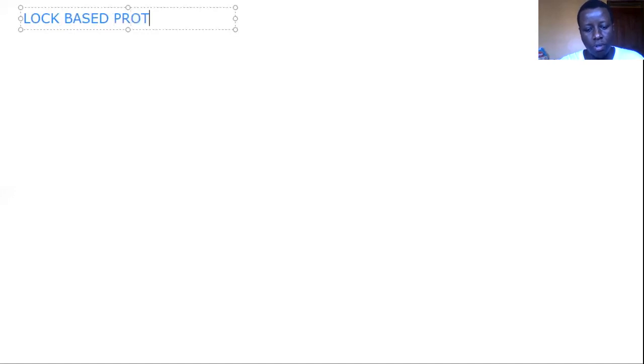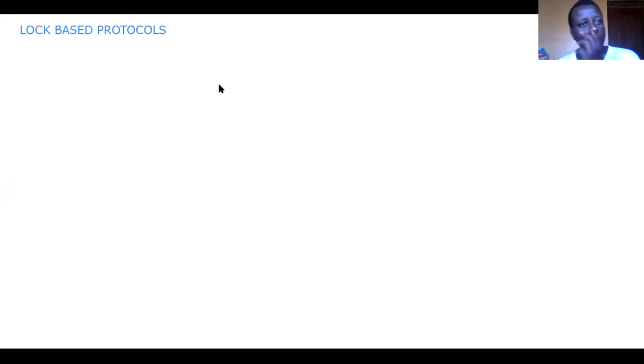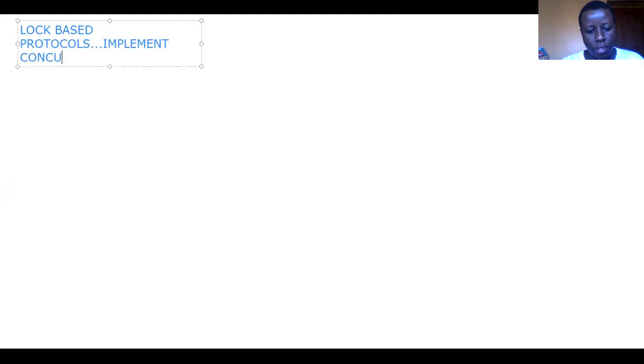Lock-based protocols. That's the first thing which we use to ensure that we implement concurrency in a database. So that's the first method that we have to do, locking.